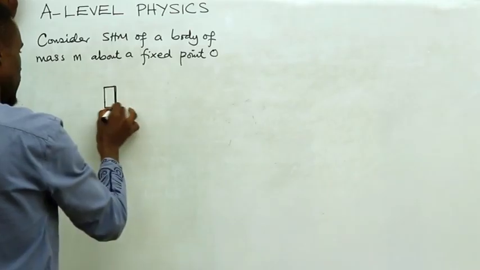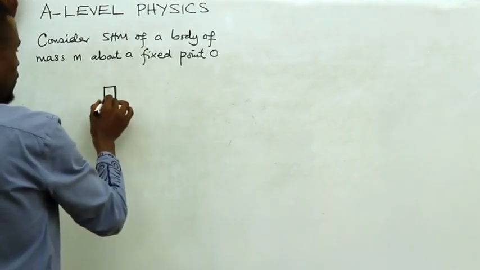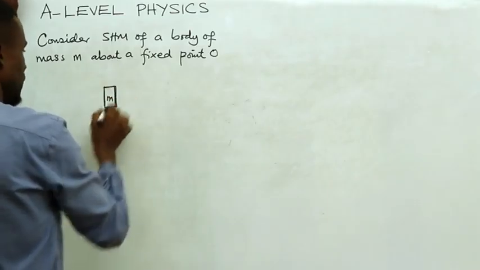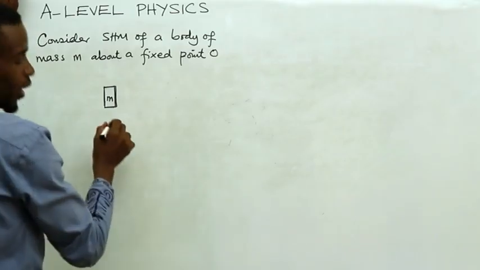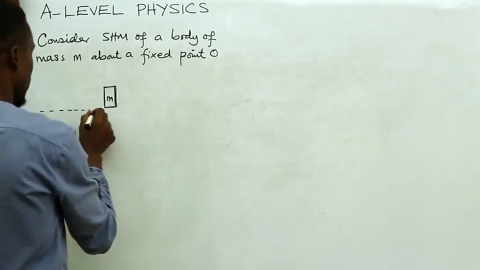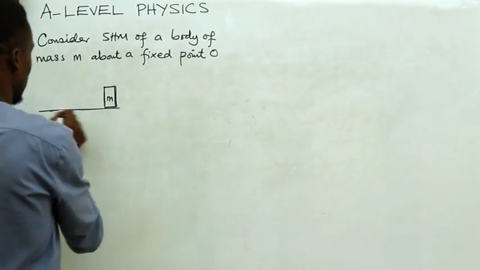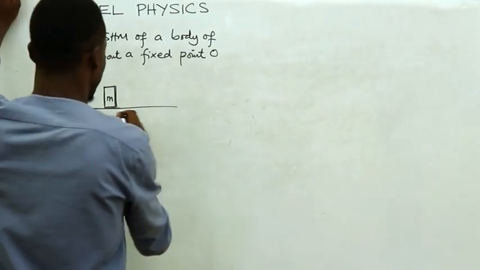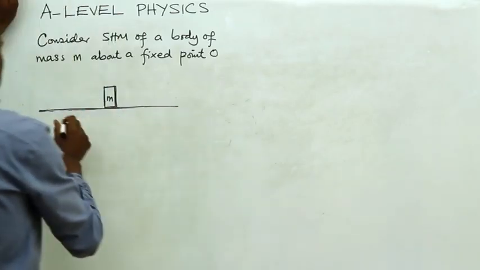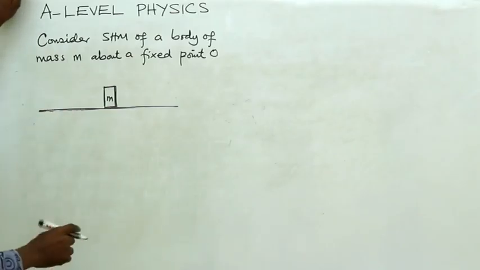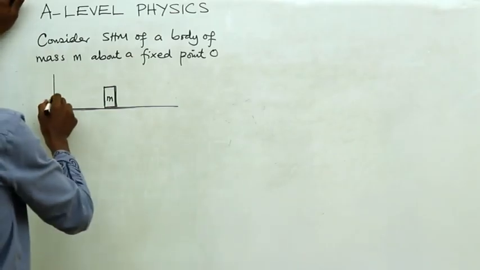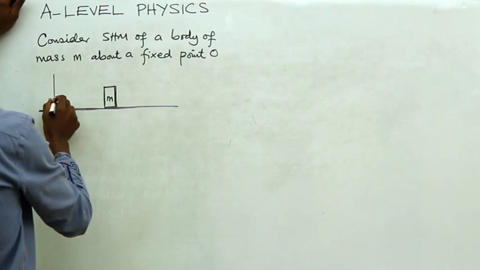It has mass m, and it's moving. Let me take the case where I have a smooth horizontal surface, and you can have different cases. Let me illustrate to you.